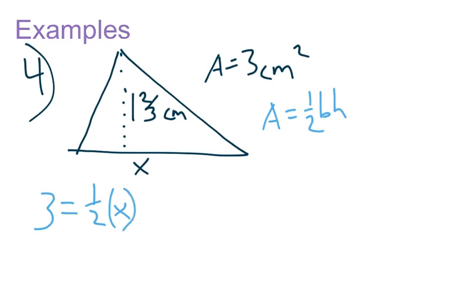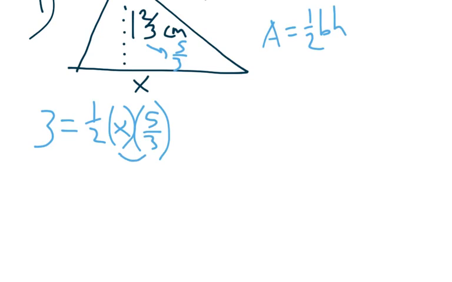And then our height is 1 2/3. But I don't want to write it as 1 2/3. I want to make it an improper fraction, and that would be 5/3. So we multiply that by 5/3. All right, now we have to deal with fractions. What we can do is move a few things around.